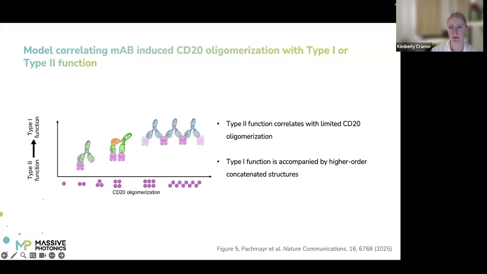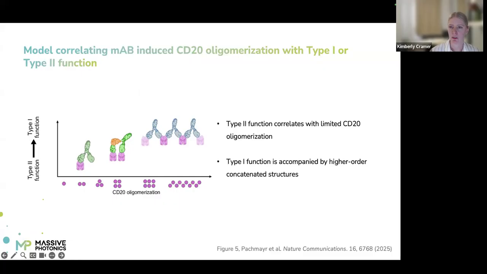So taken together, these authors took advantage of Resi to directly observe and quantify the in situ molecular changes of CD20 arrangements. And this really allowed them to propose this general model to correlate monoclonal antibody-induced CD20 oligomerization with type 1 or type 2 function.